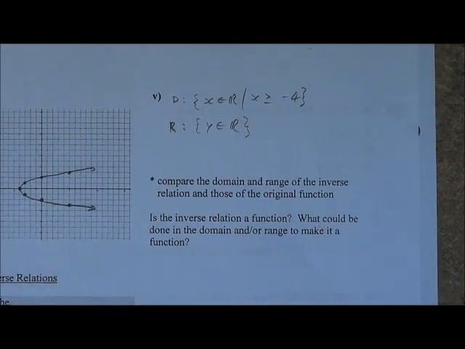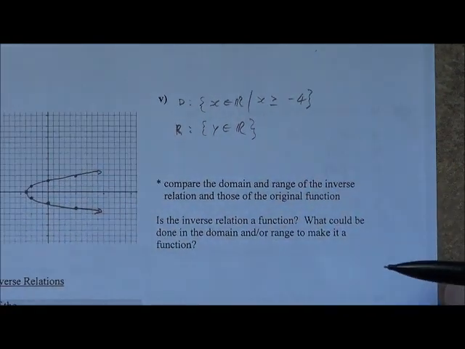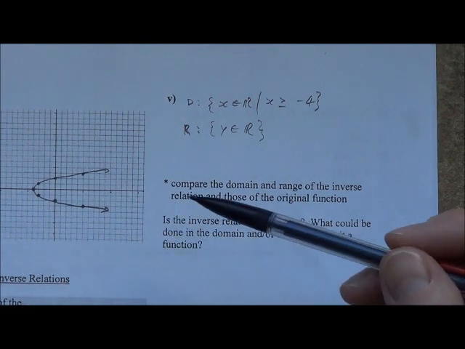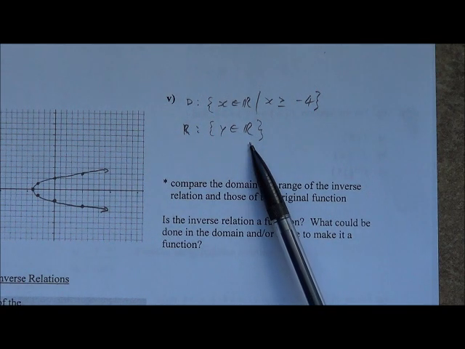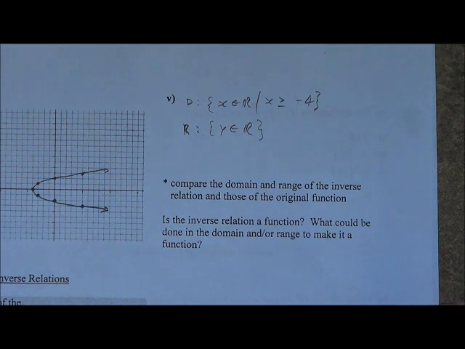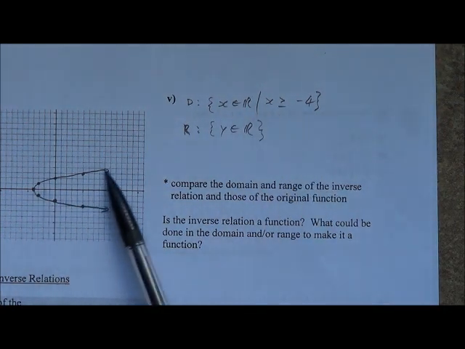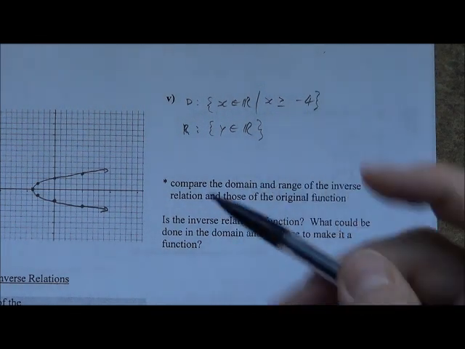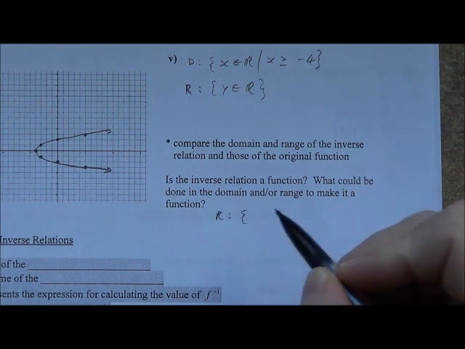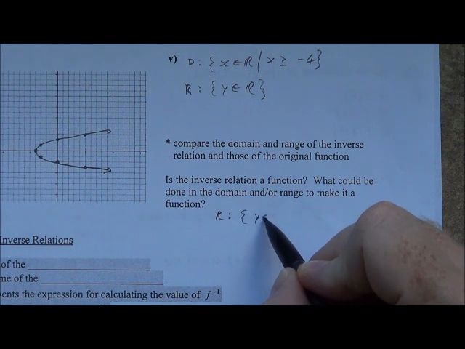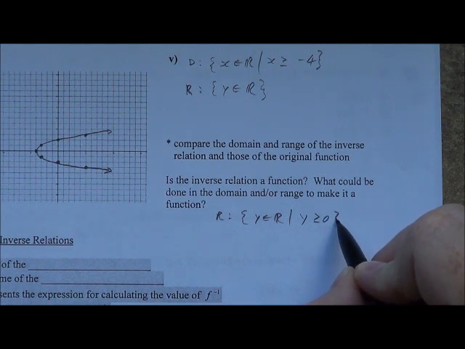Okay? And so take a look at this. Is that a function? Well, by vertical line test, we could see that there is more than one y value for any x value. So this, as it is, is not a function. What could we do to the range, in this case, to make it a function? I mean, the domain we can't really restrict to make it a function, but we could restrict this. So we could restrict the range of the inverse function, and we could say that y is an element of all real numbers such that y is greater than or equal to 0.